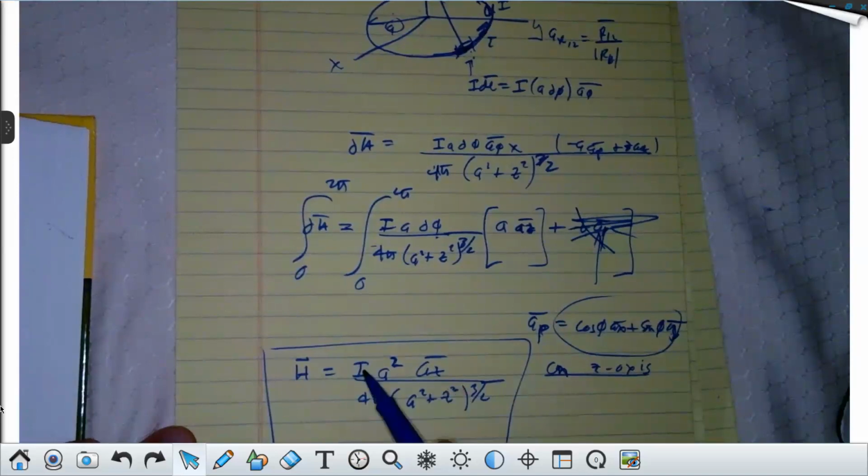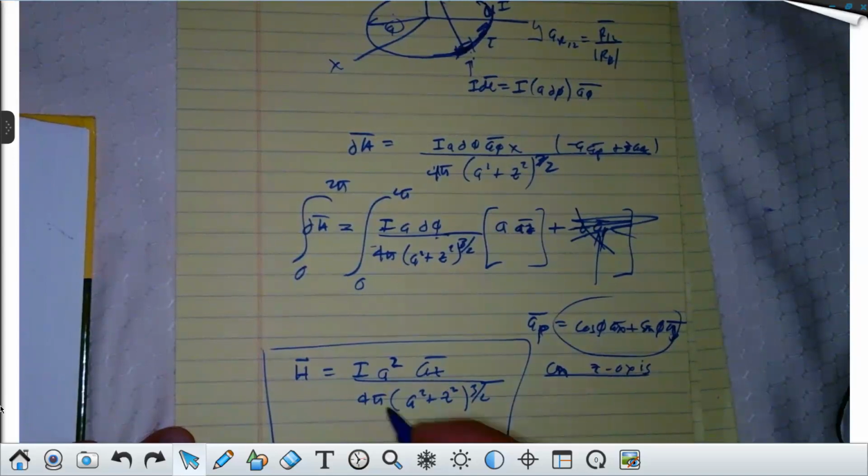You get IA squared over 4 pi A cubed, and it's really going to be H at Z equals 0 is equal to I over, actually this is not 4 pi. We integrate and we got a 2 pi up front. This is a 2, my bad. It's going to be I over 2A. And that would be amps per meter. That's at Z equals 0, and that's the maximum.